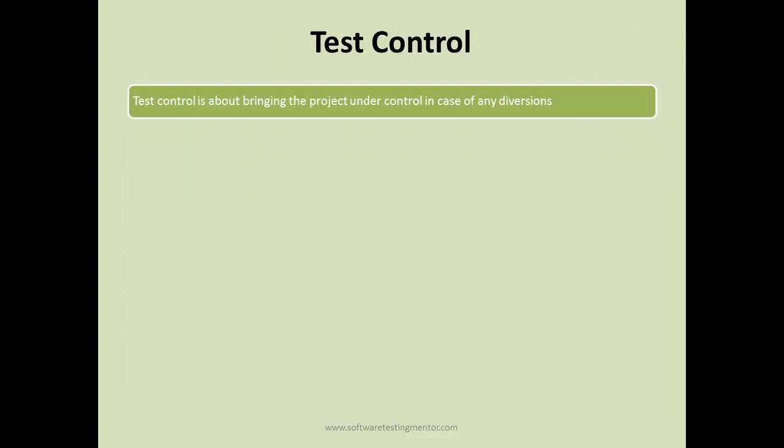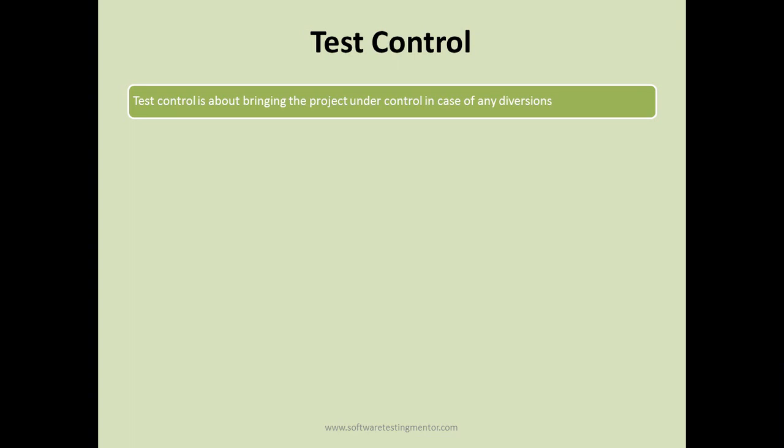So test control is about bringing the project under control in case of any diversions. You have done the monitoring, you have done the reporting. After doing a monitoring activity, you just do not keep monitoring in the test life cycle.